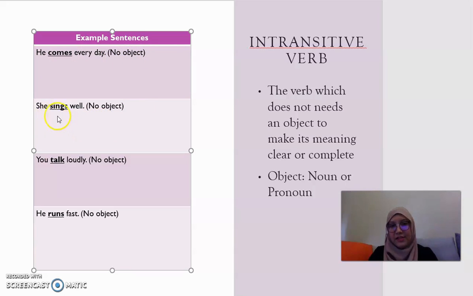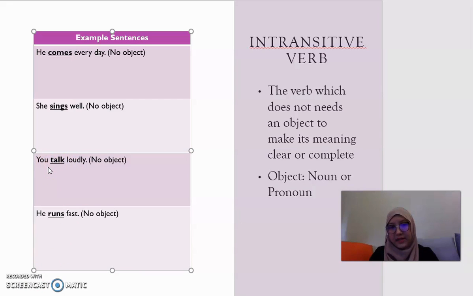Second example, she sings well. Sings is an intransitive verb. What does she sing? It's not mentioned, no object. Well is the adverb, describing the verb.